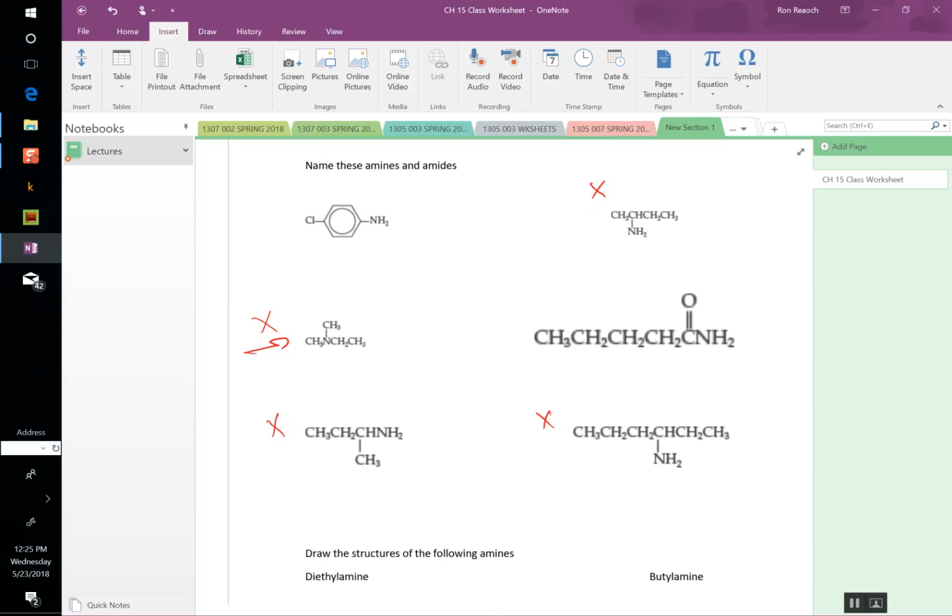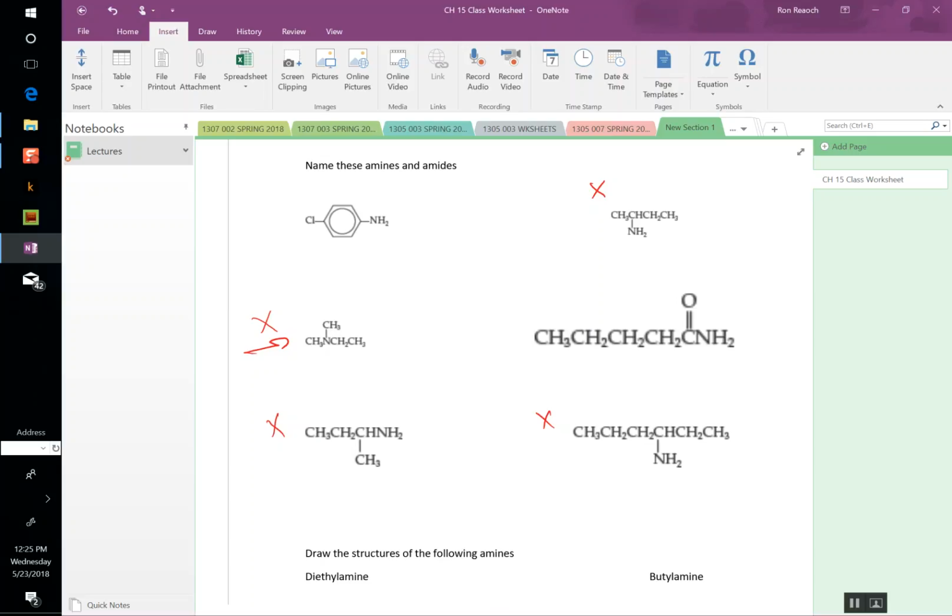This is a mistake that I have seen students make. They look at that and they go, oh, we got 3 carbons in a row. You don't. You got a nitrogen in the middle, all right? So this isn't a propane. Don't look at those 3 carbons and say, oh, this is propane.